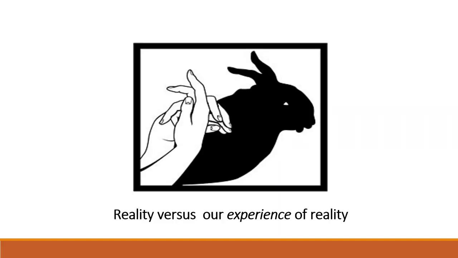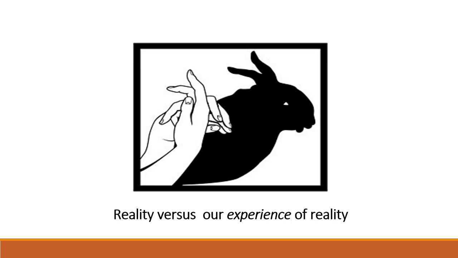And then phenomenology. Now, phenomenology is about, again, understanding a particular phenomenon and the experience of that phenomenon, the experience of a particular reality as constructed and understood by people. So it's about reality versus our experience of reality. And this image captures that beautifully.